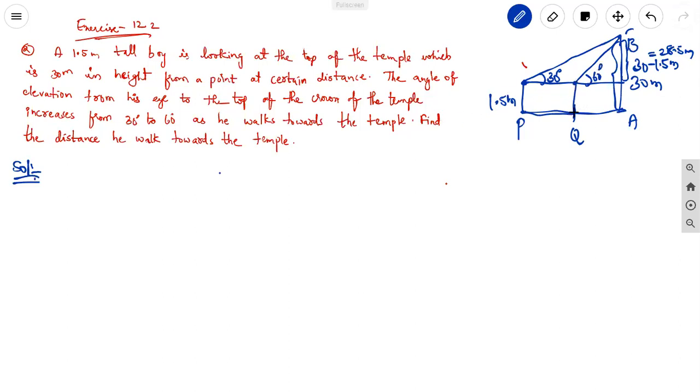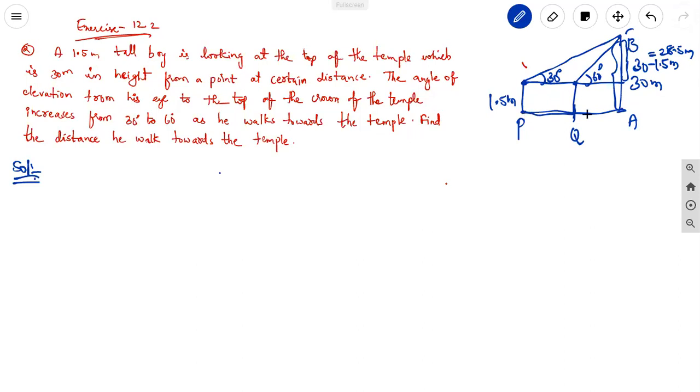Again, read the question. A 1.5 meter tall boy is looking at the top of the temple, which is 30 meters in height, from a point at a certain distance. The angle of elevation from his eyes to the top of the crown of the temple increases from 30 degrees to 60 degrees as he walks towards the temple.